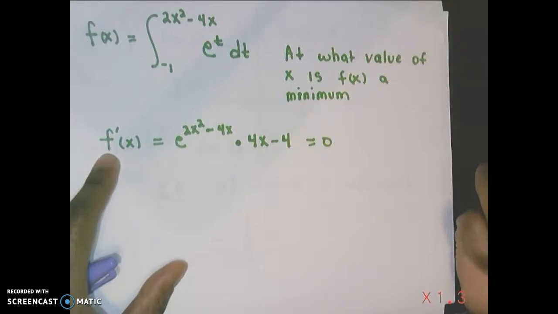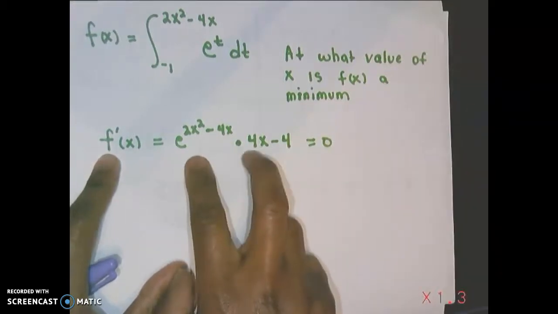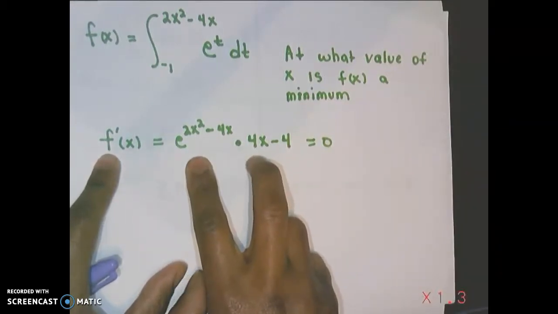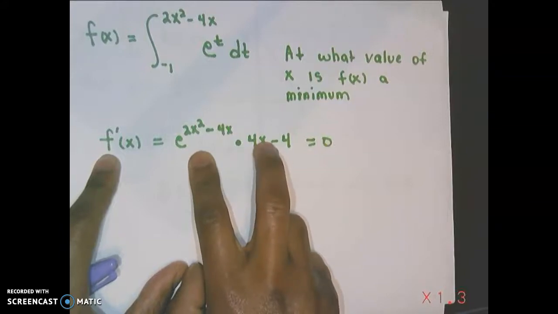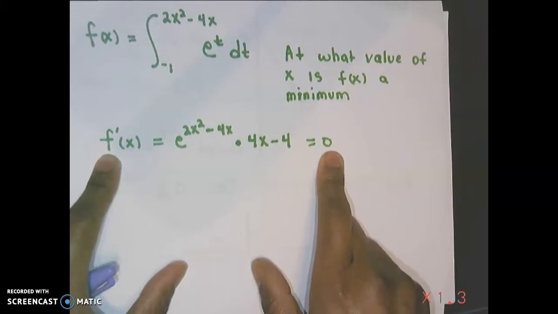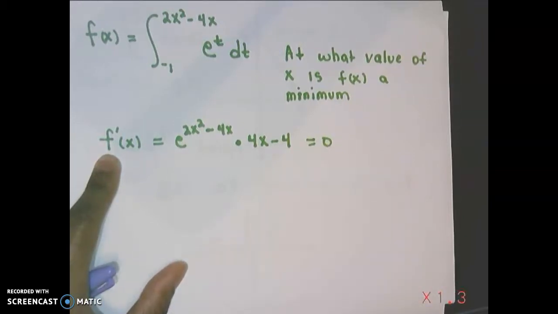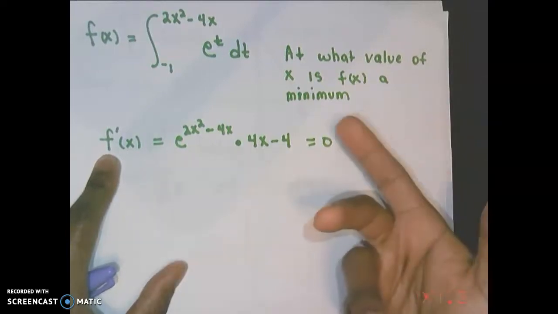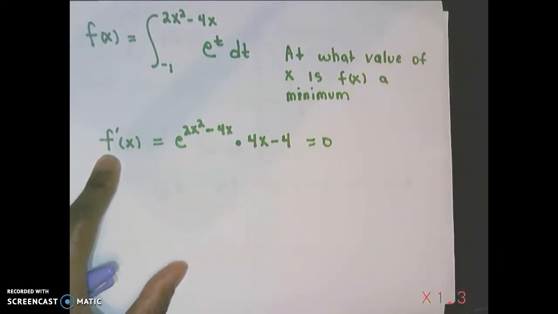Since I'm looking for a critical value, I can see that these functions are always defined. So the only place I'm going to be looking is when it's equal to 0, because a critical value can be wherever the first derivative is undefined, or if it's equal to 0.